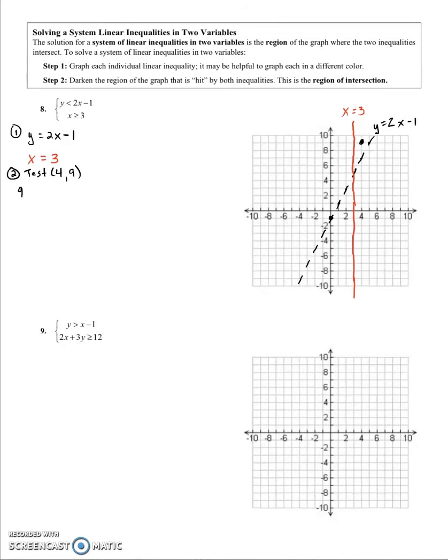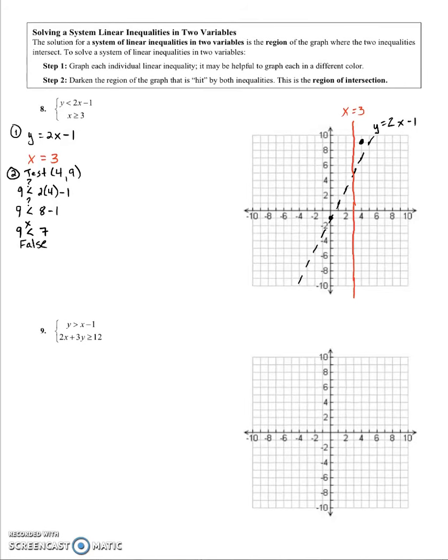We put 9 in for y, and we need to know if that is less than 2 times 4 minus 1. So that says 9 less than 2 times 4 is 8. And 8 minus 1 is 7. 9 is not less than 7. So that's false. So we know that that region is not the region we need.